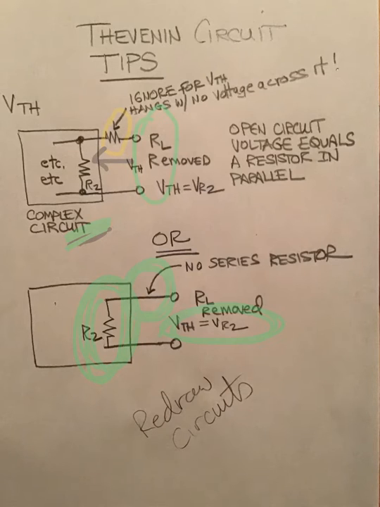What gets people in trouble is this resistor up here in the red circle that's hanging in the wind. It does not exist when calculating Thevenin voltage. It is ignored. It has 0 volts and 0 current across it.